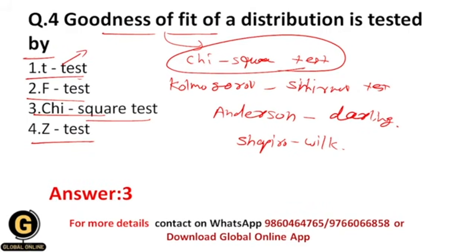The F-test is based upon the F statistic, and the F statistic is nothing but the ratio between 2 independent chi-square variates that are divided by their respective degrees of freedom. So the F-test lets us know the differences between the variances of the 2 groups.